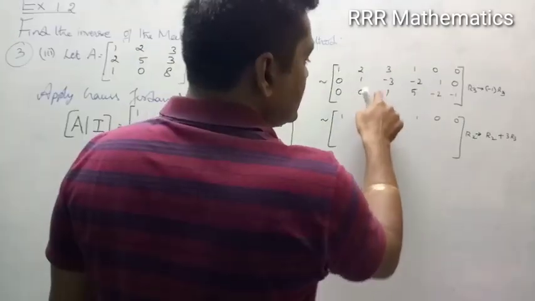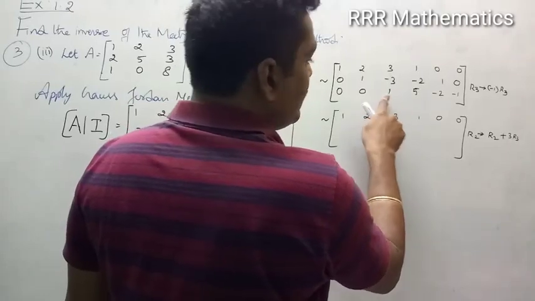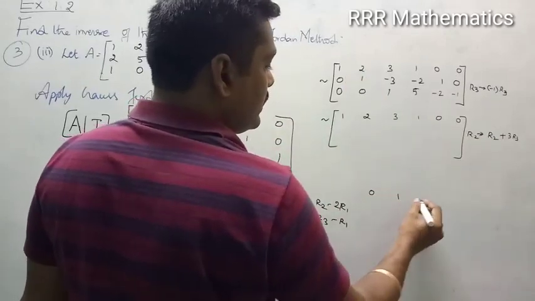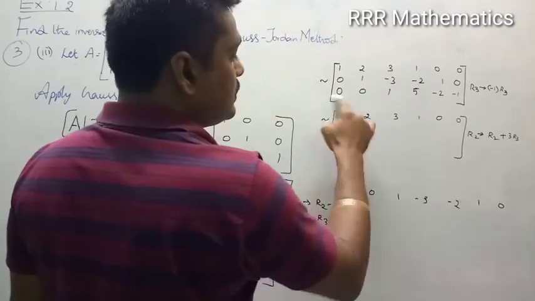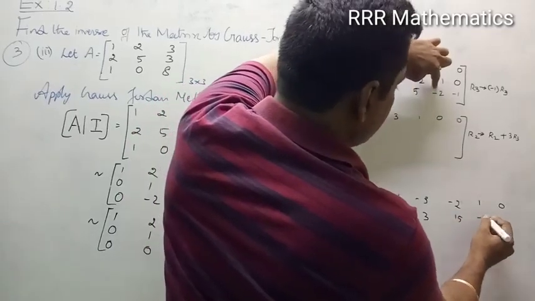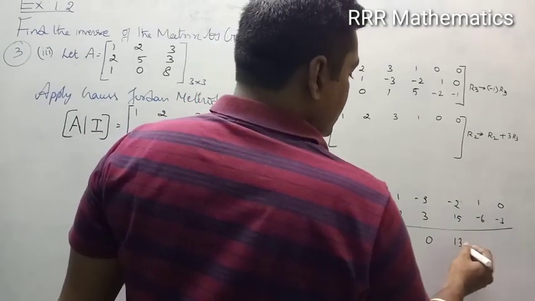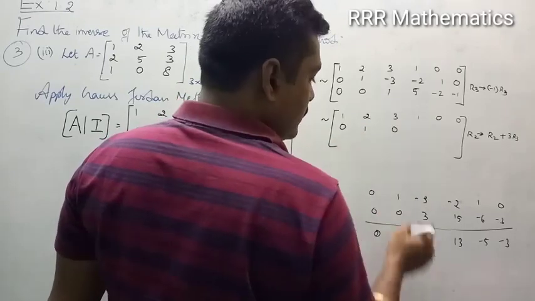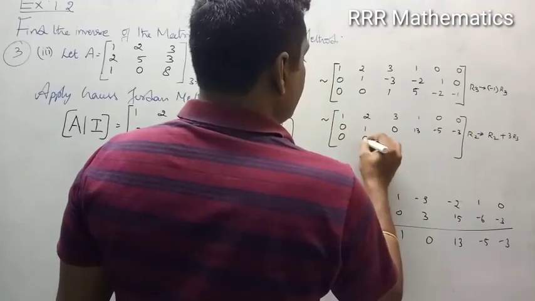Opposite sign, so plus; I have 3 here and I need 3 here also, then only I will get 0. So I will multiply the third row by 3. R2 is 0, 1, minus 3, minus 2, 1, 0. 3 times the third row: 0, 0, 3, 15, minus 6, minus 3. When you simplify: 0, 1, 0, 13, minus 5, minus 3. And leave the third row as it is.